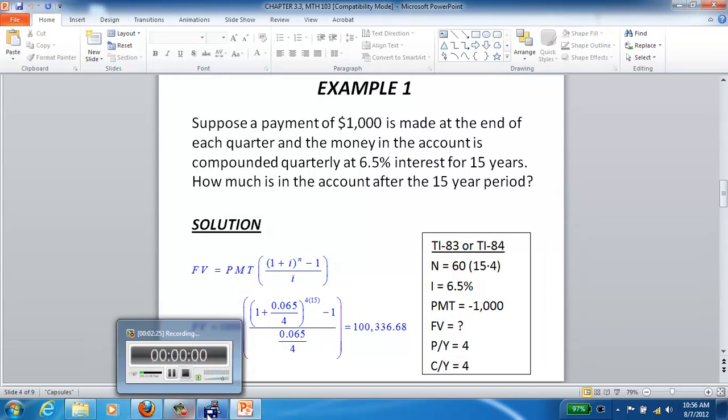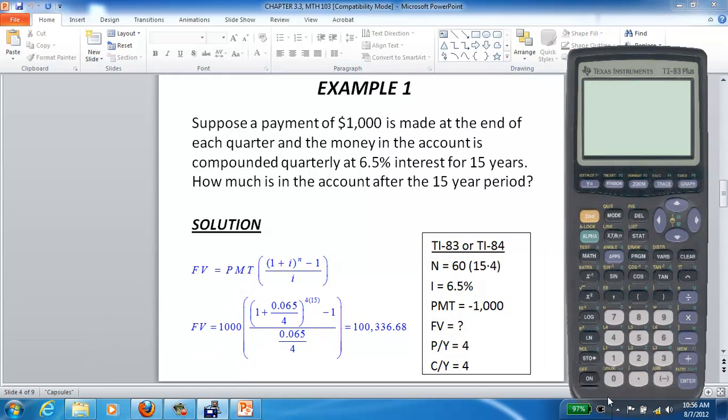In this case, we have to follow the same steps. First of all, we have to figure out what n is. As you can see, n is 15 because it's 15 years. However, you have to multiply by 4 because the payments are every quarter. So you multiply 15 times 4 and this is going to be equal to 60.